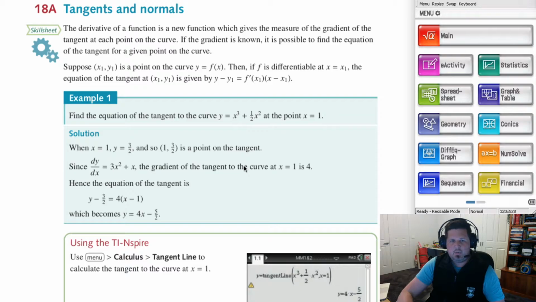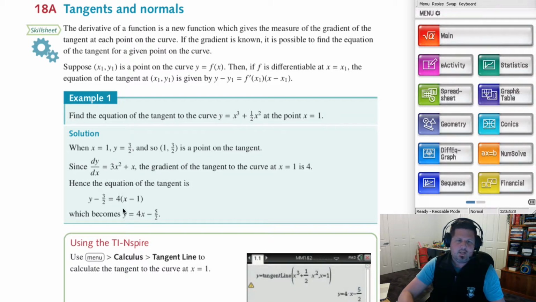So now that we know all these pieces of information, we can use this rule up here to work out the equation. It's going to be y take away y1, which we said was 3 over 2, is equal to the gradient, which we saw was 4, multiplied by the brackets x, take away the x1 value, which in this case was 1.